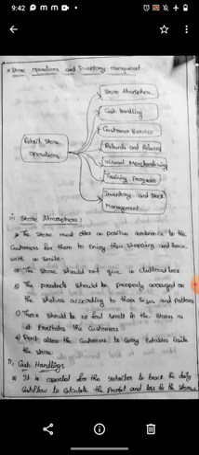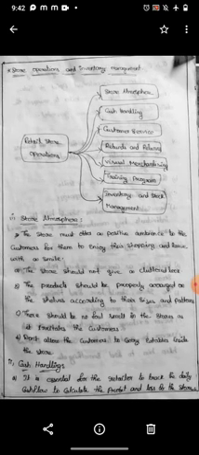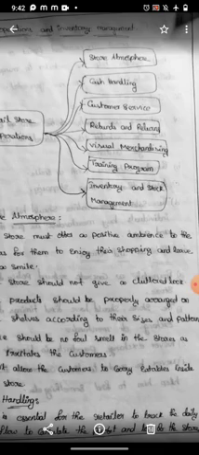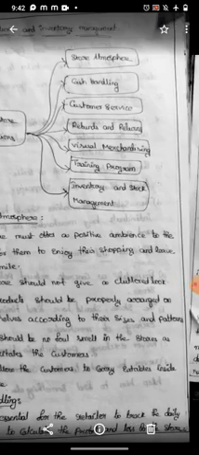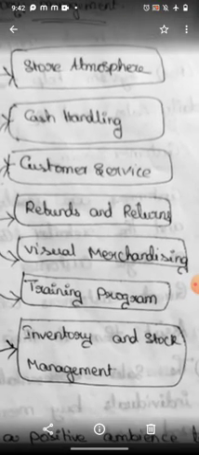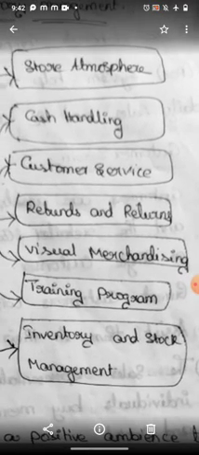Now let us see the topic of store operation and inventory management. In store operation, the major topics to discuss are the store atmosphere, cash handling, customer services, refunds and returns, visual merchandise, training program, and inventory and stock management.